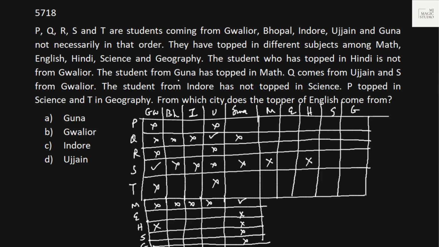That was given now. Okay. Student from Indore not topped in science. Indore, no science. P, science. P has topped in science.